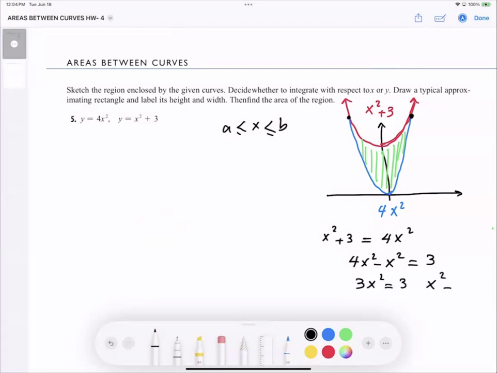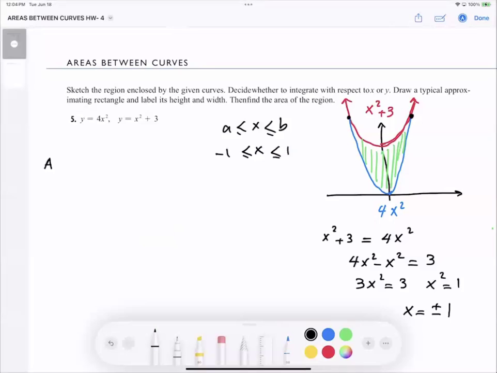So x squared becomes 1, or x is plus or minus 1. So it seems like my x is bounded between -1 and 1. Well, I found a and b. Now I can just move on and calculate the definite integral, right?